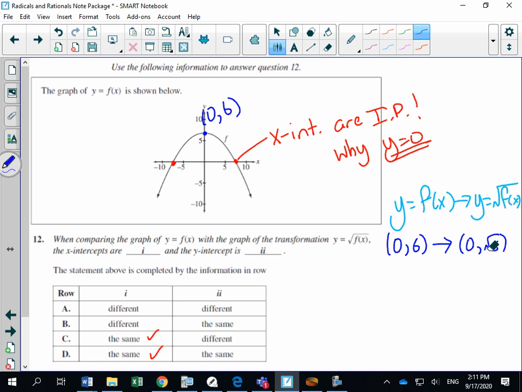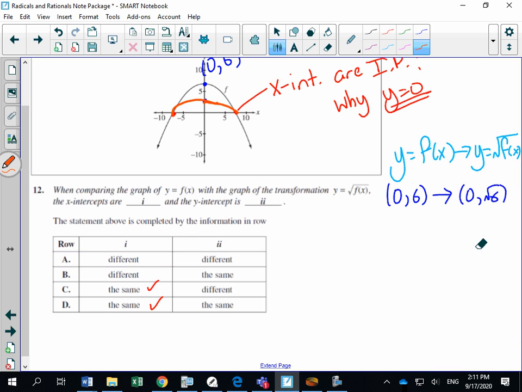So on my transformed graph, the y-intercept is going to be different. It's going to be down here. And my graph is going to look something like this. My radical graph will look something like that. So the y-intercept, I hope you see, is going to be different. Therefore, the answer is C.